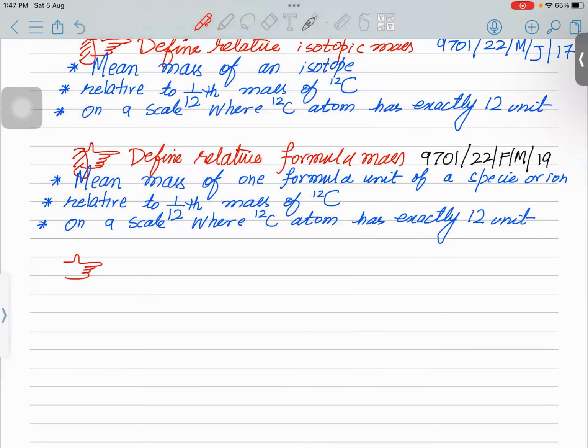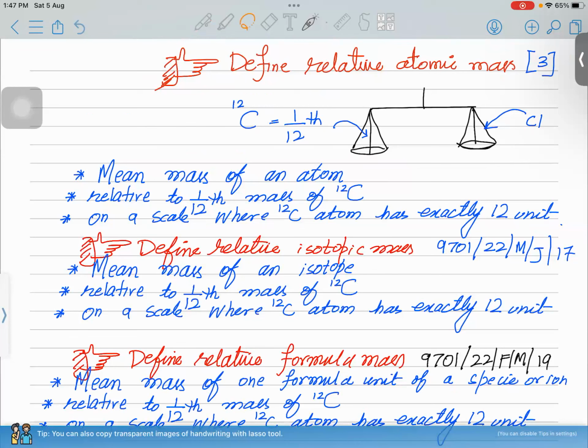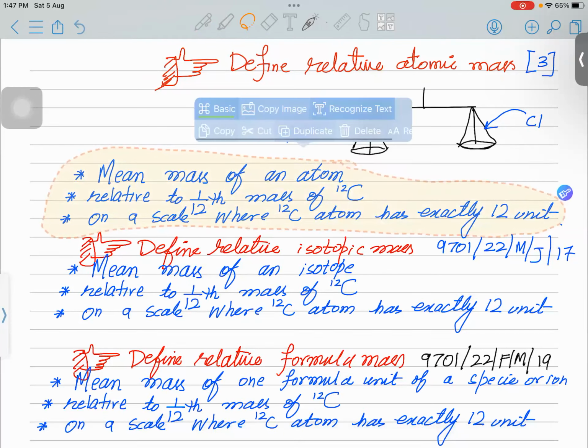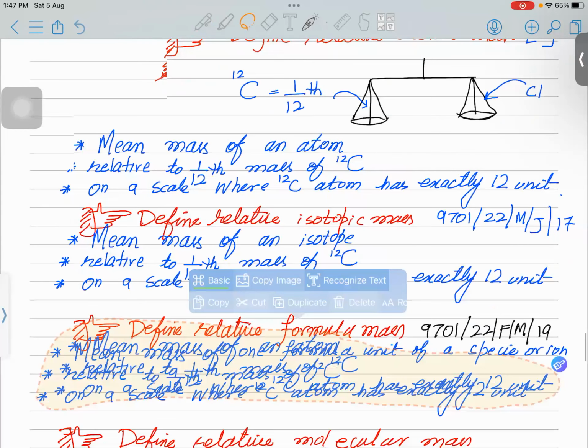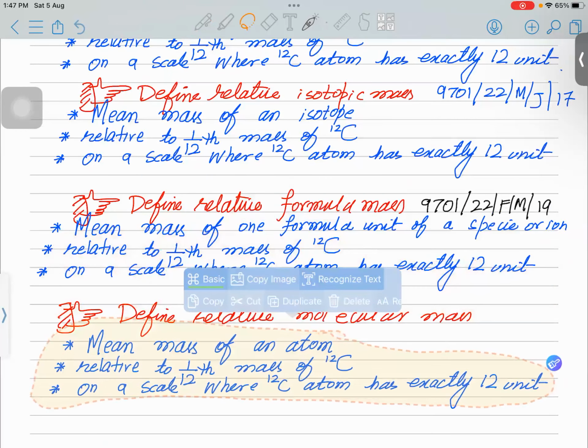Now, another question. Define relative molecular mass for 3 marks. Sir, will we just change the word again? Just put molecule: the relative molecular mass.